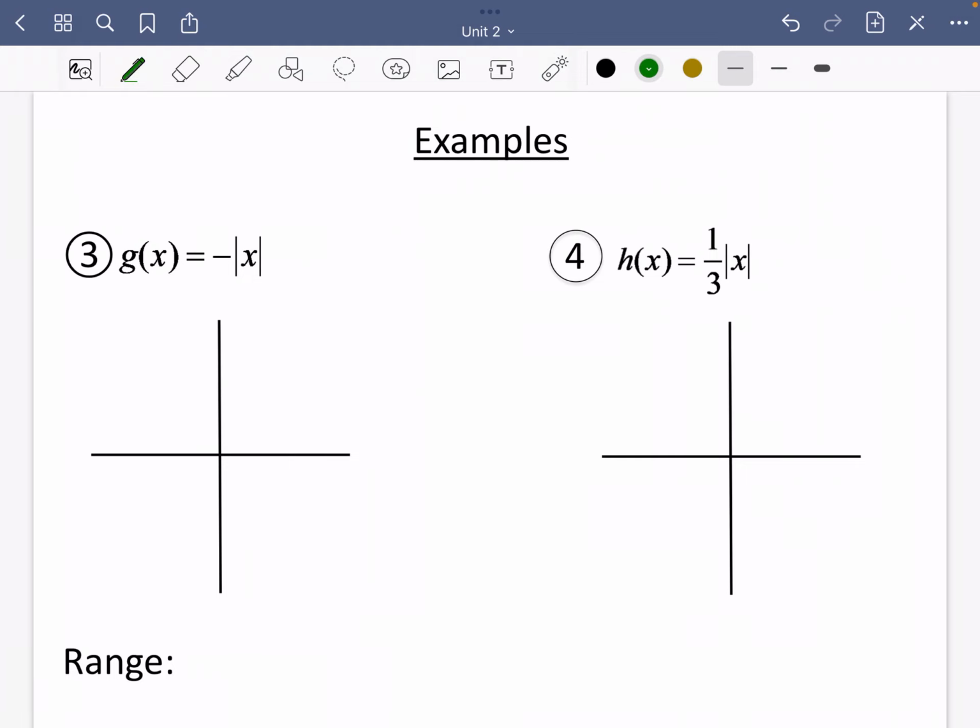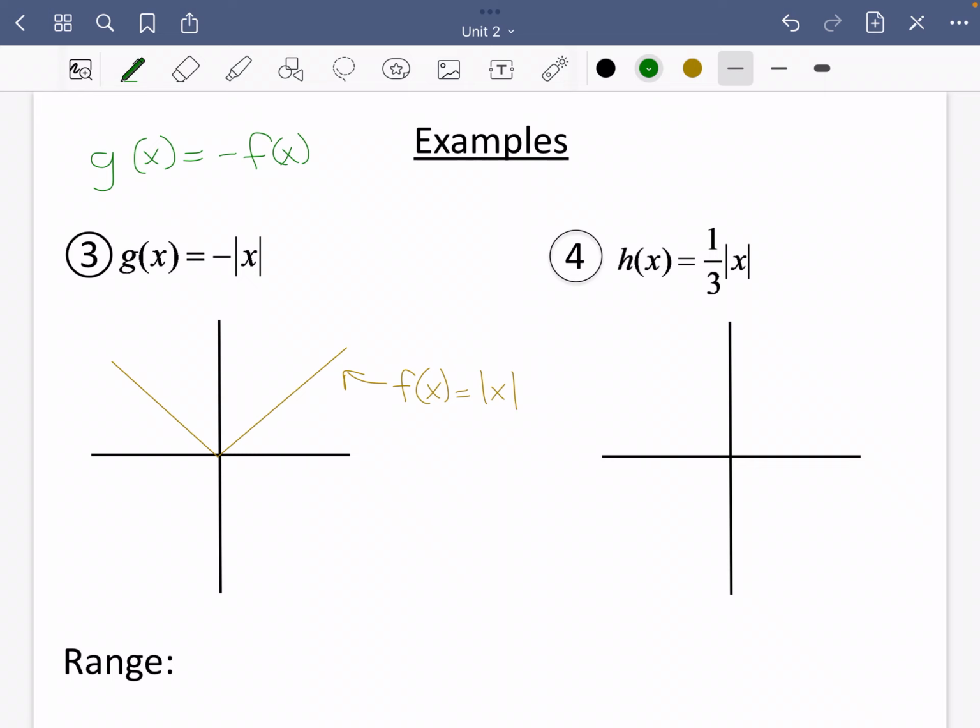Here we have g of x equals the negative absolute value of x. So again, our parent graph, the absolute value of x, just looks like this. And so that's f of x equals the absolute value of x. So what is g of x equal to? g of x is equal to the negative of f of x.